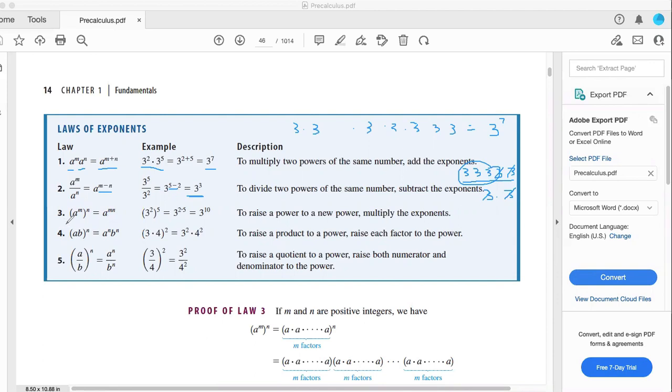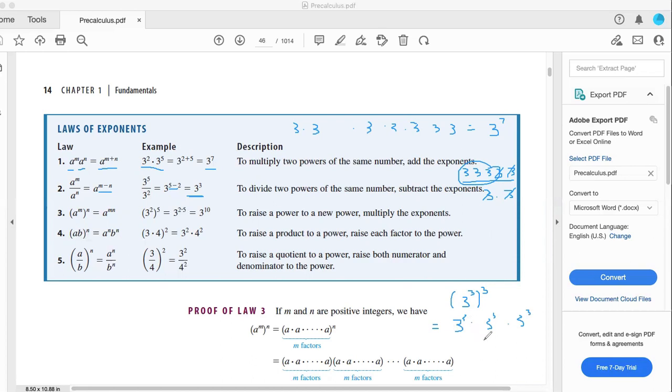Okay, so rule number 3 says if I have a raised to the m power and I raise it to the n power, it is actually equal to a raised to the m times n. For example, if I have 3 raised to the 3 power, what happens if I raise this to the 3rd power? How can you rewrite this? I can write it as 3 raised to the 3 times 3 raised to the 3 times 3 raised to the 3.